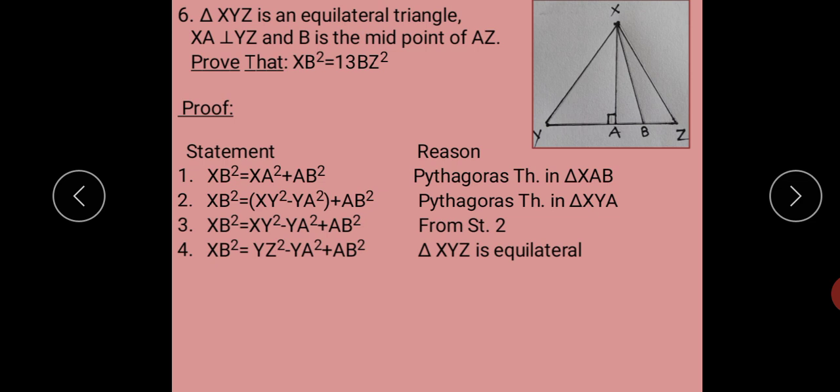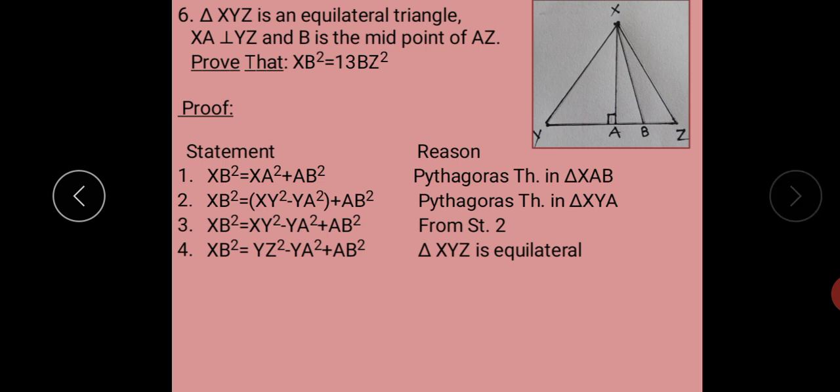In place of YA, because YA is equal to ZA and B is the midpoint again of AZ, in place of YA, we can write 2 times BZ. And in place of AB, we can write BZ because both are equal. B is the midpoint of AZ.